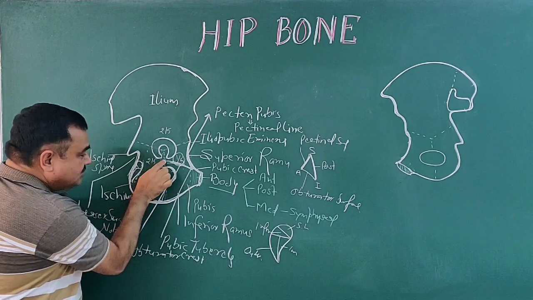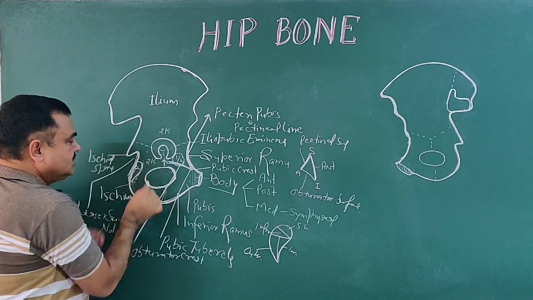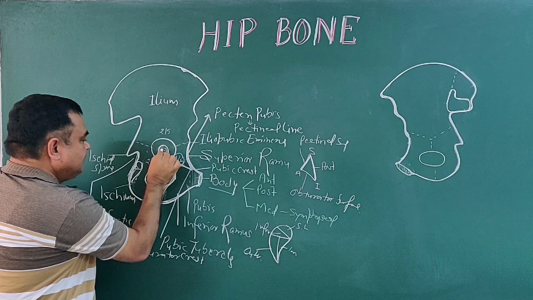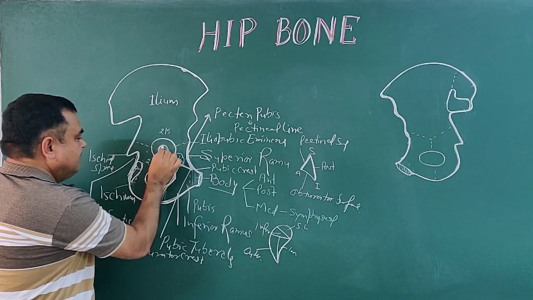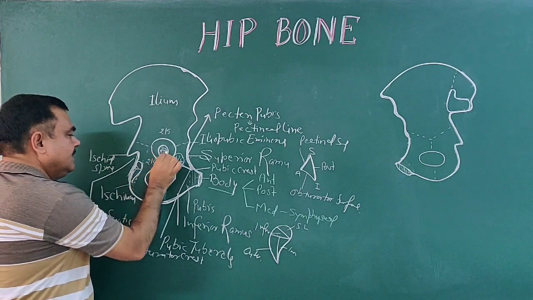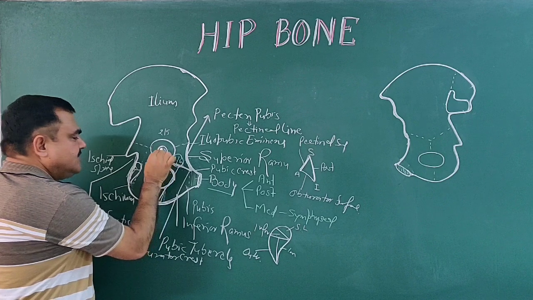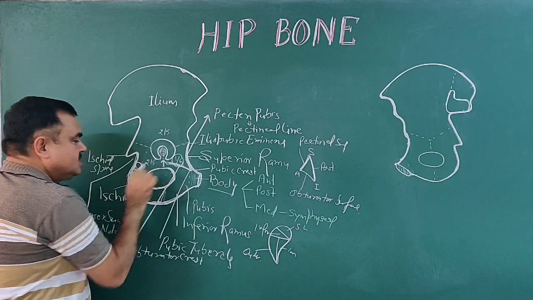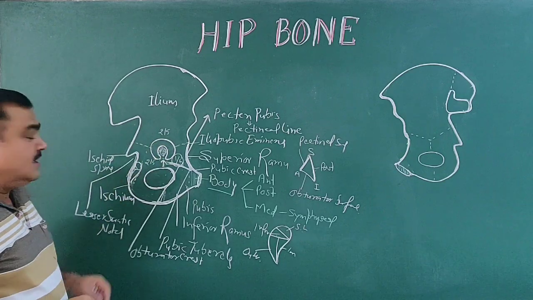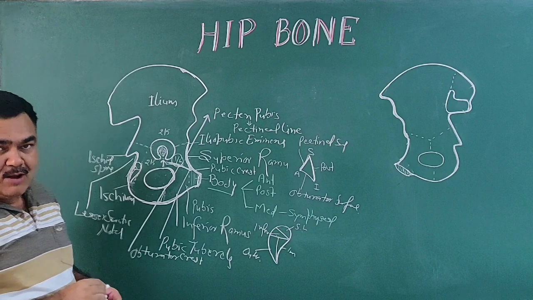This is the acetabular notch, and here is a depression, the acetabular fossa. This is the articular surface. And here is a foramen, known as the obturator foramen.